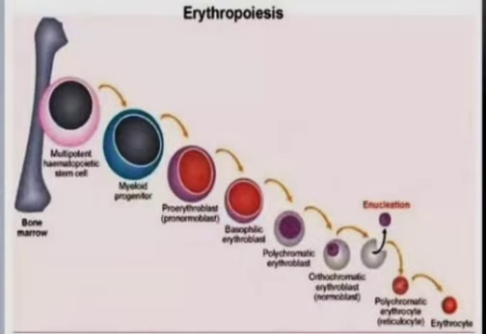So, a mature red blood cell is small in size, is devoid of nucleus, and the cytoplasm contains numerous hemoglobin which can stain with red dye.